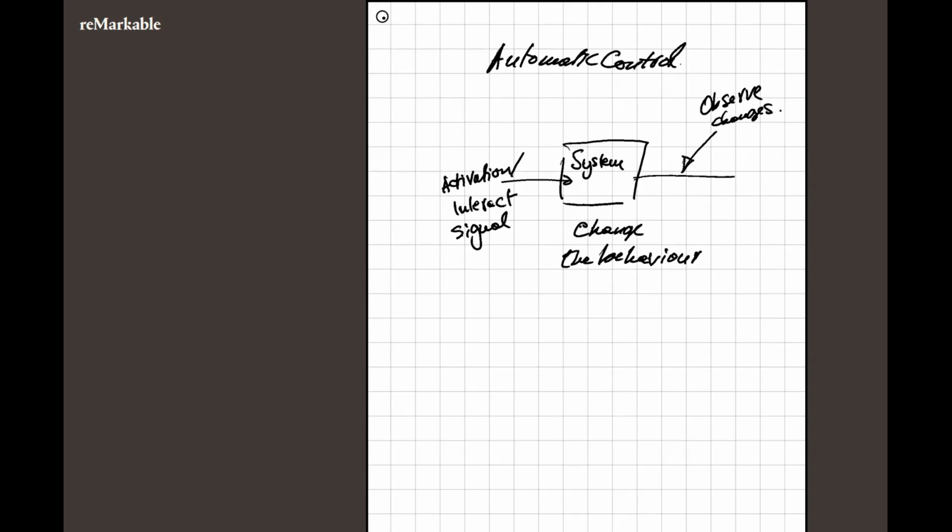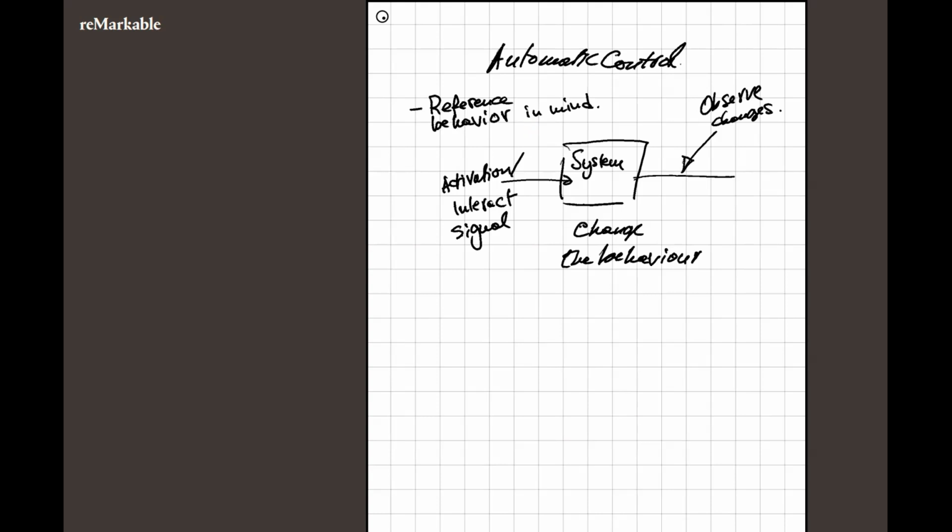Our task in this case is to automate the interaction, having in mind certain objective functions, so that we also have some reference behavior in mind.